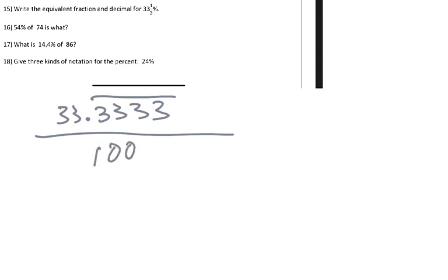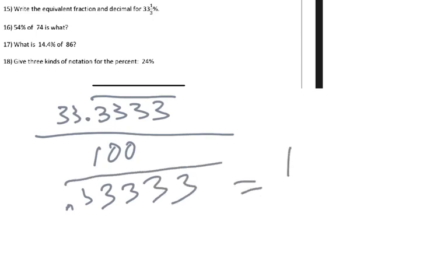So if it's out of 100, that means we're going to move 2 places forward. So this will become 0.3333 repeating, which, by the way, we know is 1/3. So you can see the emphasis here that if you memorize those fractions I told you in the previous videos, then your life becomes a whole lot easier with these sort of questions.